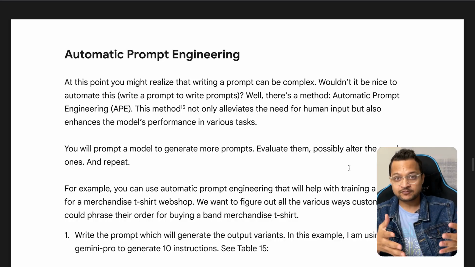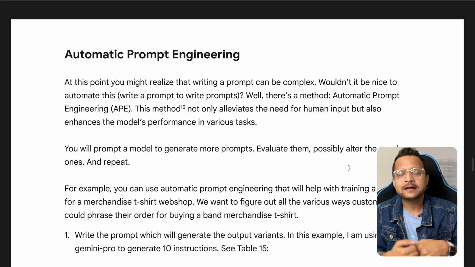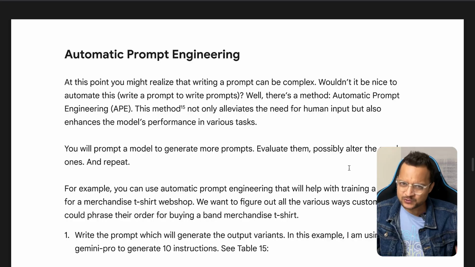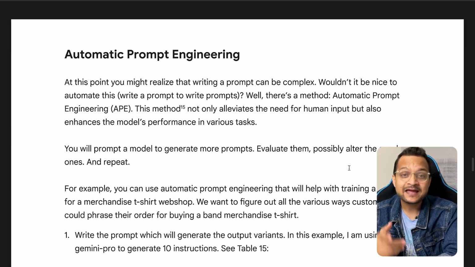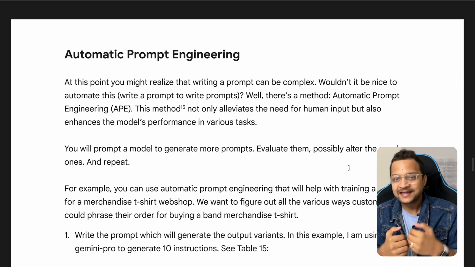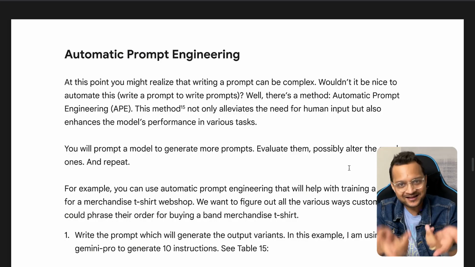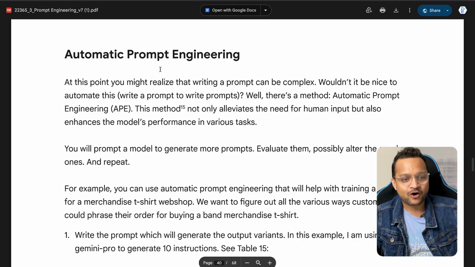And for that, we have a long list of how to write a prompt. But we are too lazy. We don't even want to write the prompt. So what happens if we ask AI to write a prompt for us that we can use to ask AI the real question? That's called automatic prompt engineering.